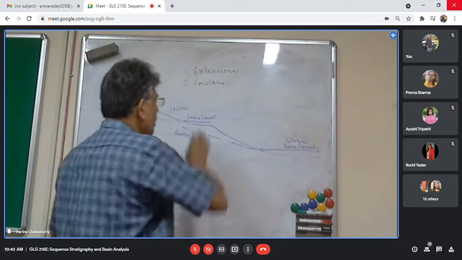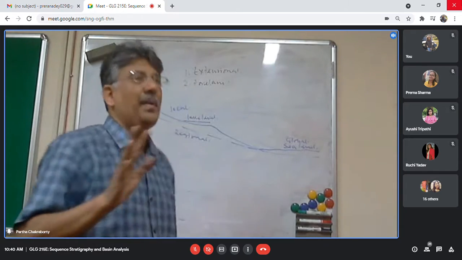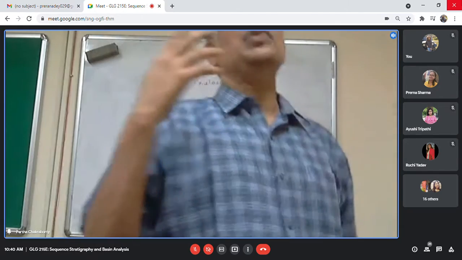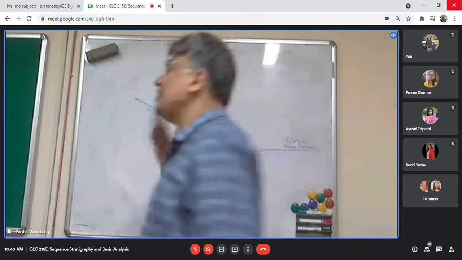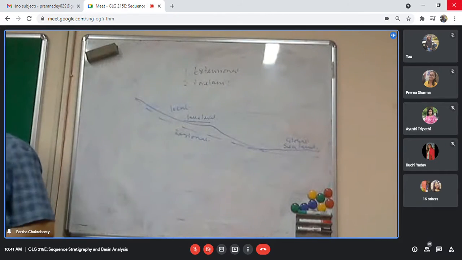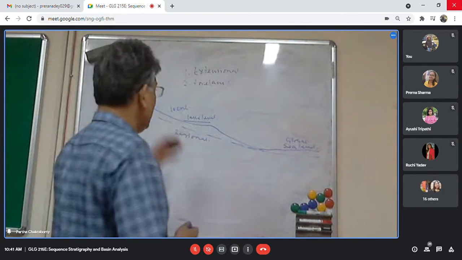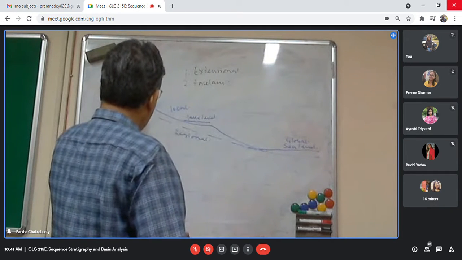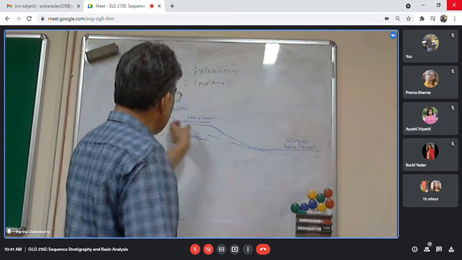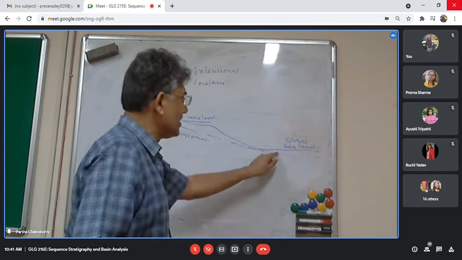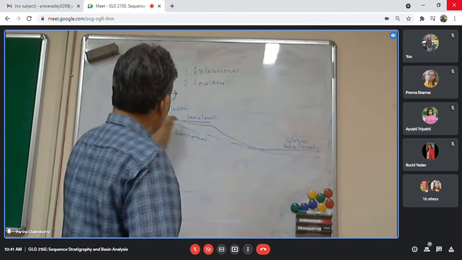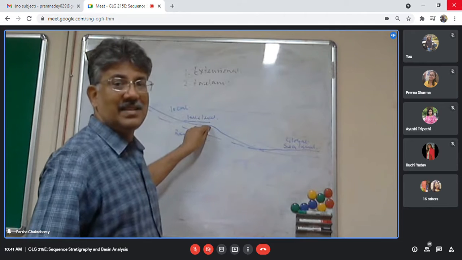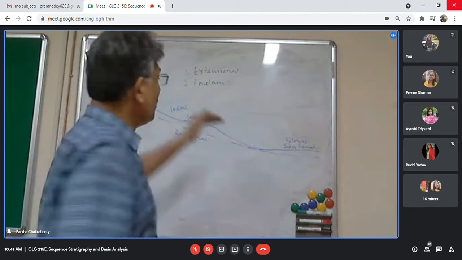So you should always remember, when I talk about a base level, what kind of base level am I talking about, the regional or the local. Actually, the profile which is in equilibrium comes like this. But in a particular area, I may get the profile like this, and the system is equilibrated with respect to this.